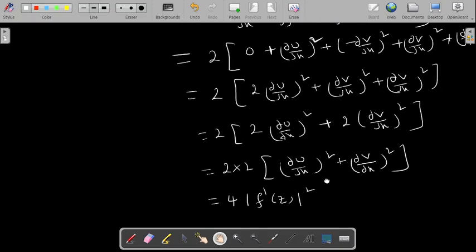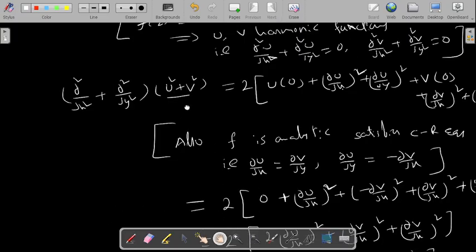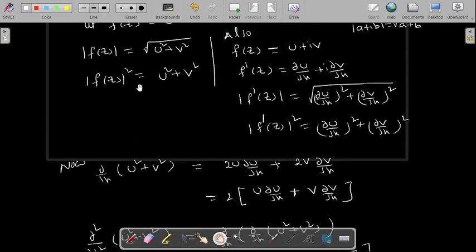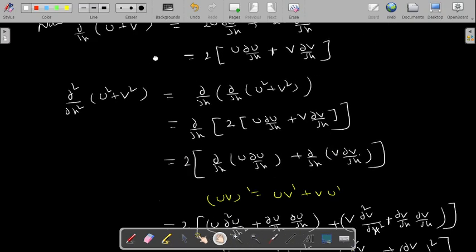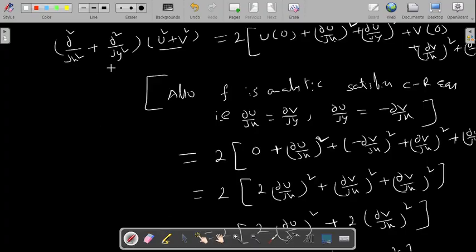So now come to the left side. On the left, what is there? (∂²/∂x² + ∂²/∂y²)(u² + v²). What is this u² + v² means? Again, come to the starting. What is u² + v²? |f(z)|². That means this is the left side value.